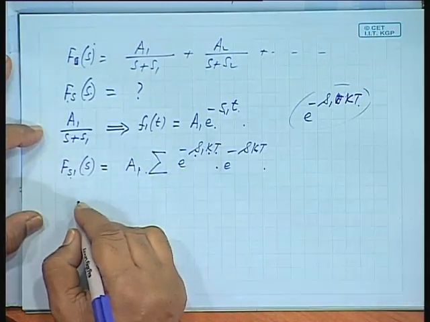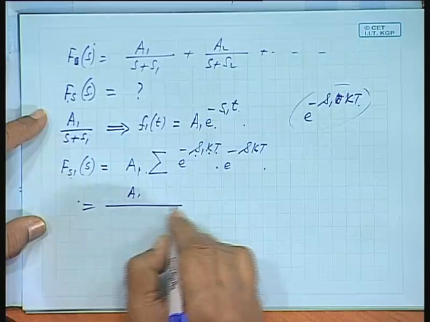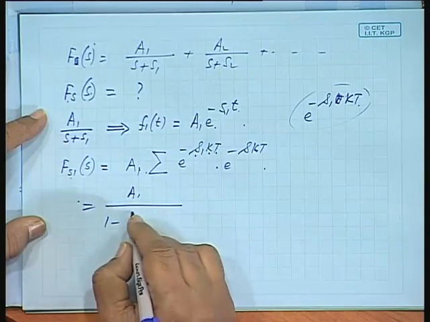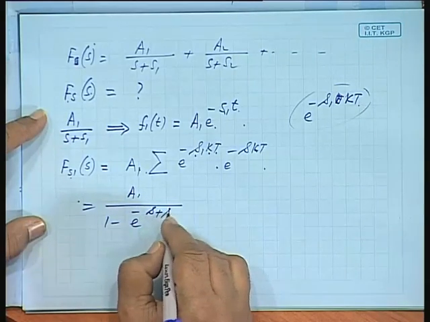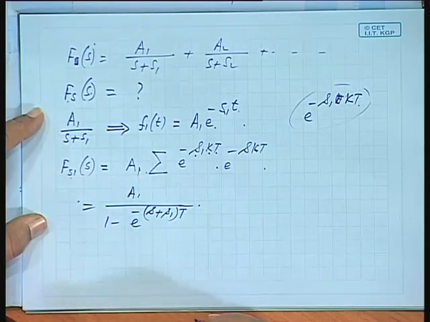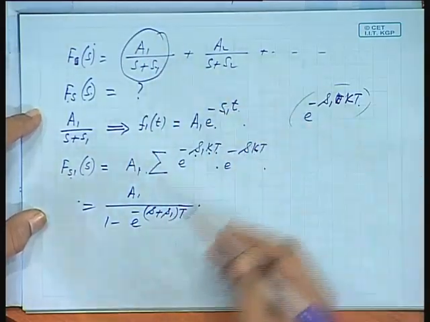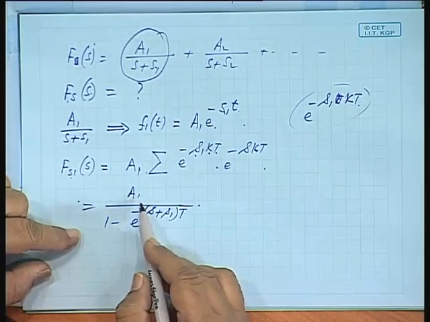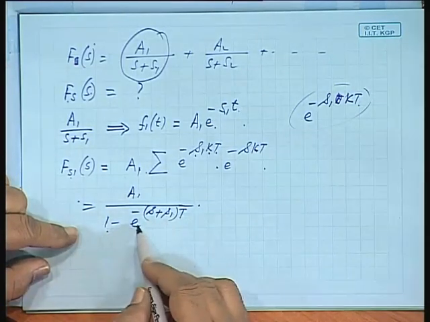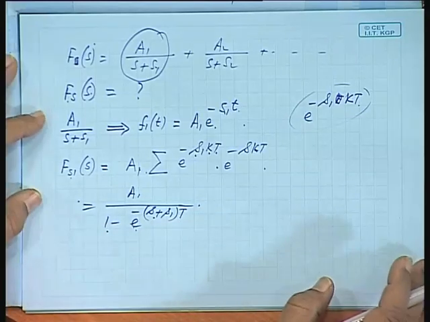So, this summation will give me A1 by 1 minus e to the power minus S plus S1 into t. Is it all right? So, a term like A by S plus S1 will give me correspondingly here A by 1 minus e to the power minus S plus S1 into t for the sampled function.